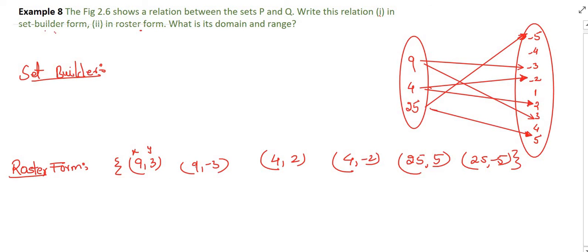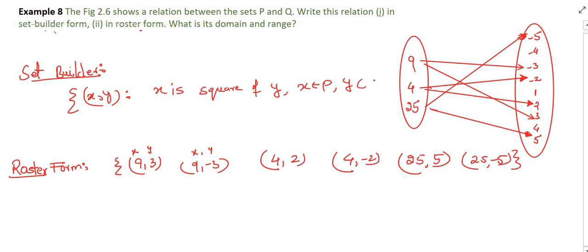So I can write it as x comma y, where x is the square of y, where x is taken from P and y is taken from Q. So this is clearly my set builder form.